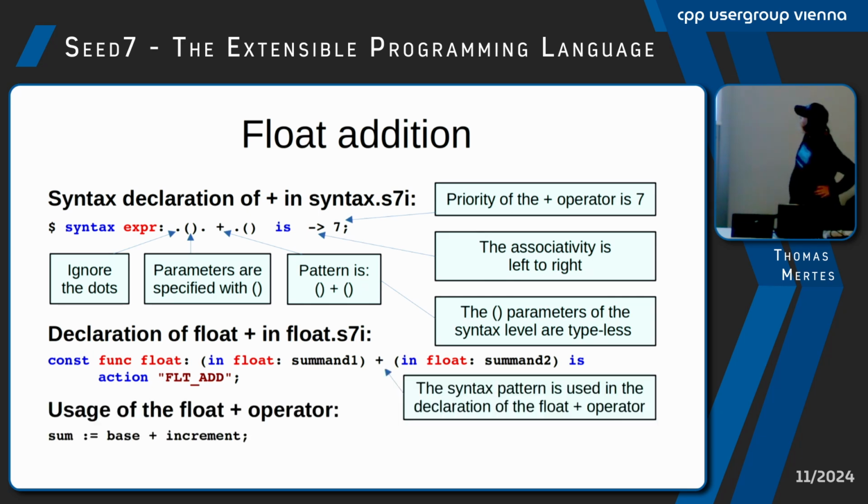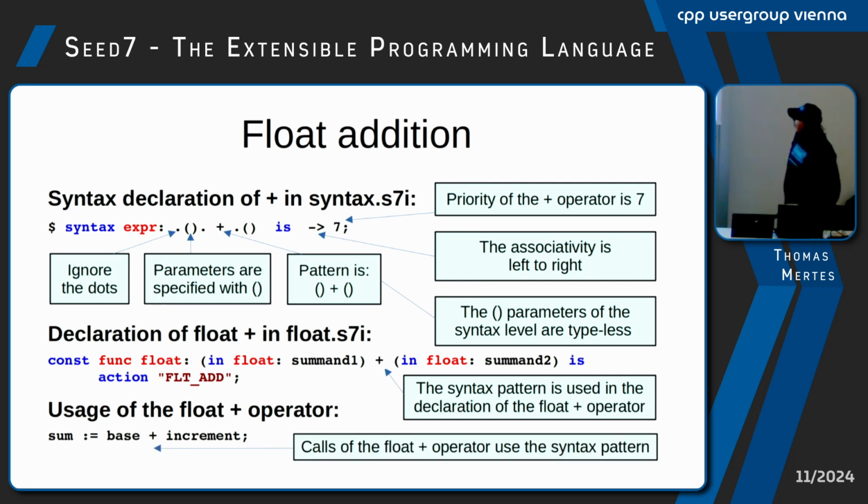The syntax pattern is used here in the declaration again. So the plus here works only because of the syntax declaration we had before. And we already see here the usage, and the usage also uses this syntax pattern. So the syntax applies to the declaration and to the usage.